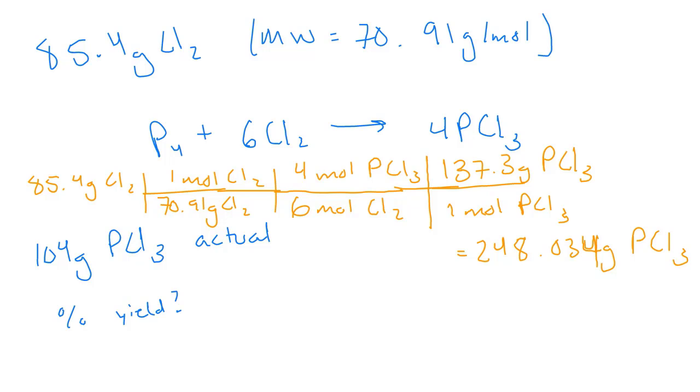Percent yield is equal to actual over theoretical. So wait, let me double check my calculations real quick. Okay, yeah, it should be 110. I was double checking the key. No worries, sometimes it just happens. Go ahead and cross this one out for a second.